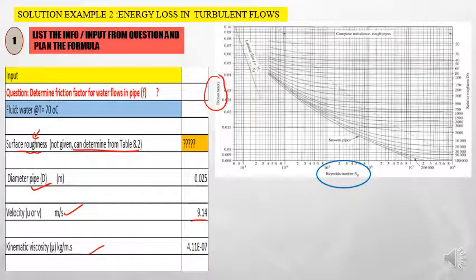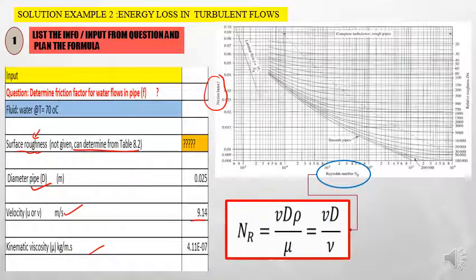So to calculate the Reynolds number, we have this formula. Okay, note that for the Reynolds number, you can also use the first one, which is rho V D divided by mu. Okay, this one is actually the dynamic viscosity. If it's kinematic viscosity, we can use this one because the kinematic viscosity is actually the ratio between mu divided by rho. Okay, so that's it.